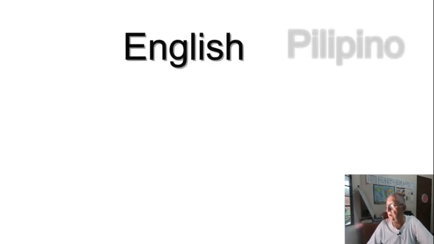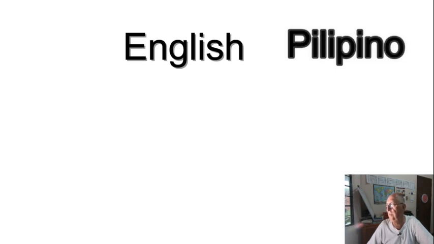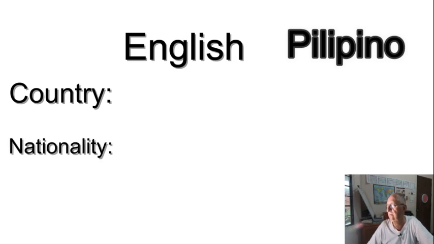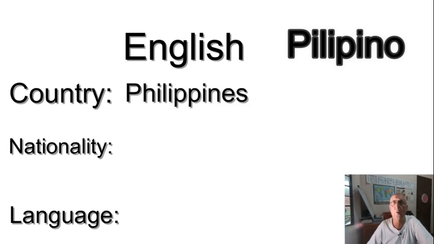There are actually two languages involved, English and the official national language of the Philippines called Filipino. And they're divided into three categories: country, nationality, and language. As you know, in English we say the Philippines, and it's spelled with PH, one L, and two P's.